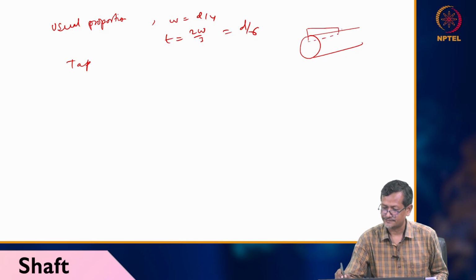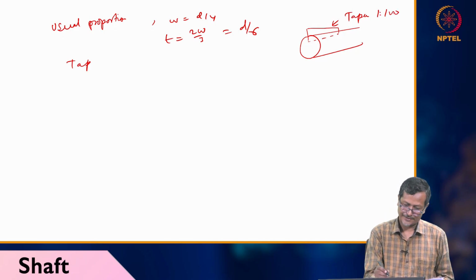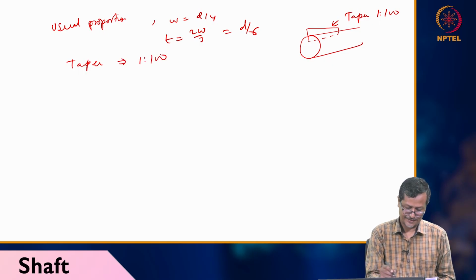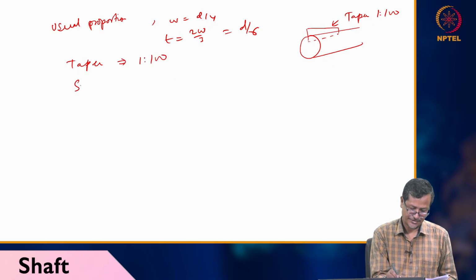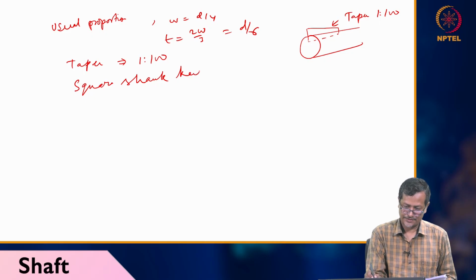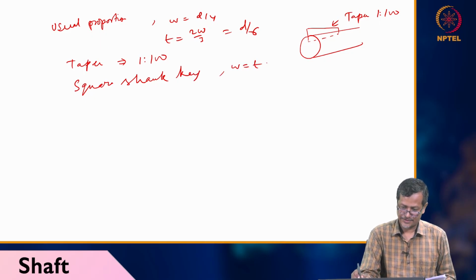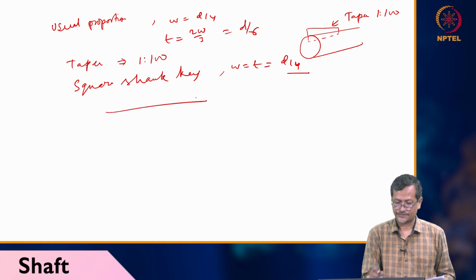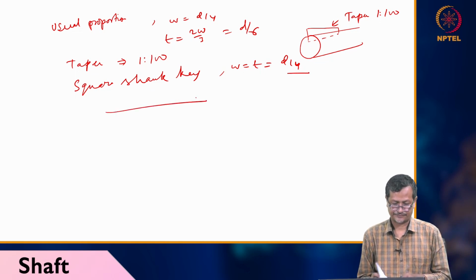The taper is 1 in 100. For a square, chunky key, W equals T equals D by 4. So we should remember these things.